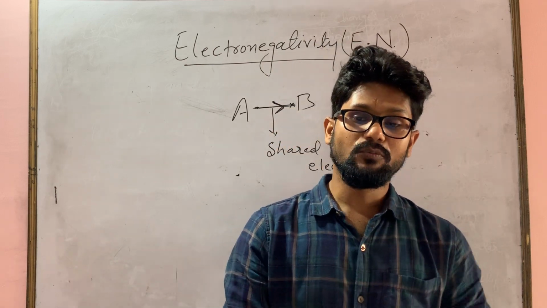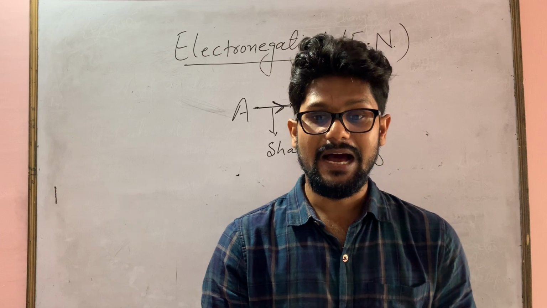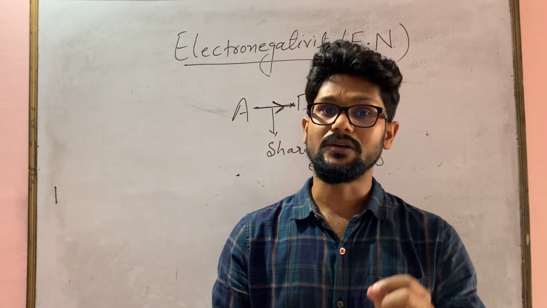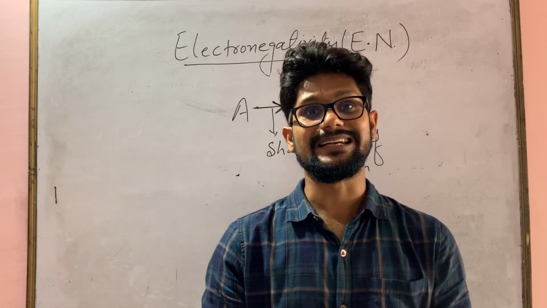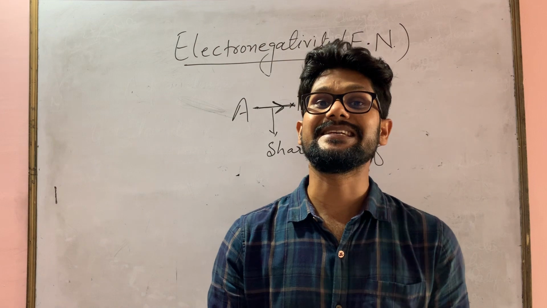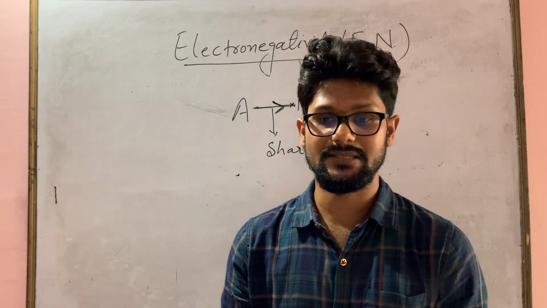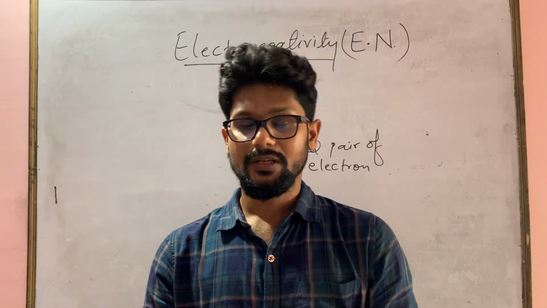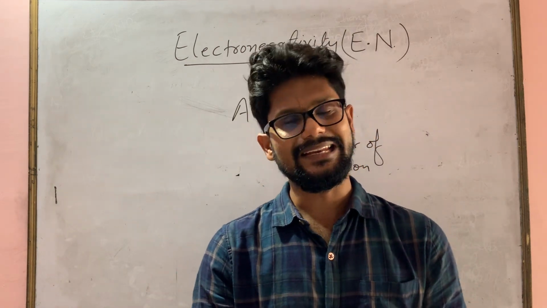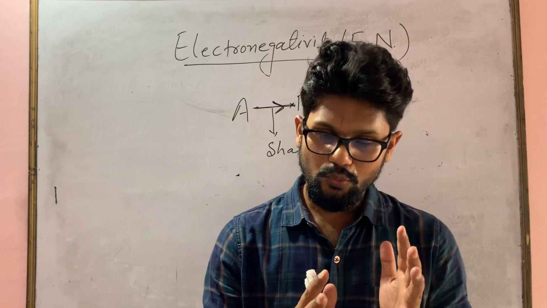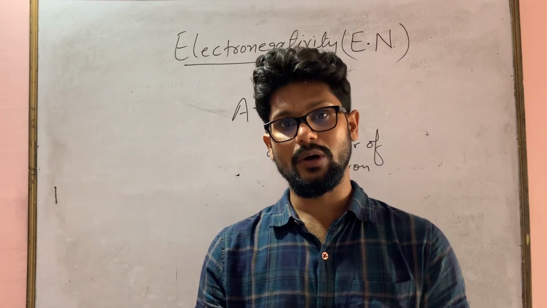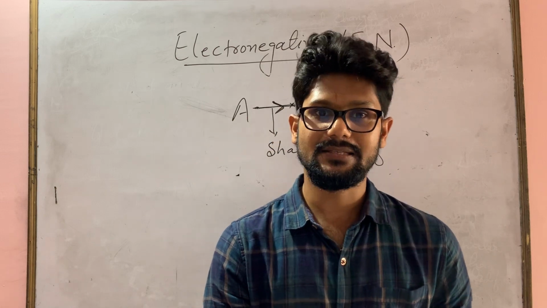So a question can come: which element possesses the highest value of electronegativity? The answer will be fluorine. And which possesses the least value? The answer will be Cs, cesium. In the book, the values of electronegativity are given, but it is not compulsory to learn them at your level. You only remember which element possesses the maximum value and which the least.